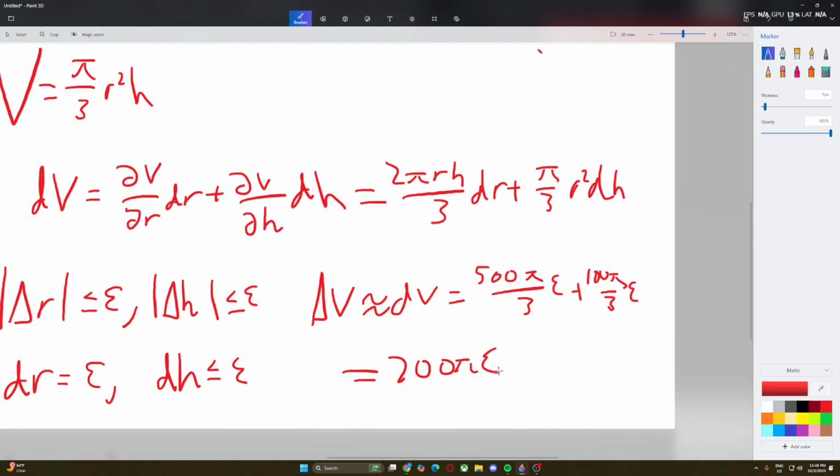So the max error is 200 pi epsilon cm cubed.